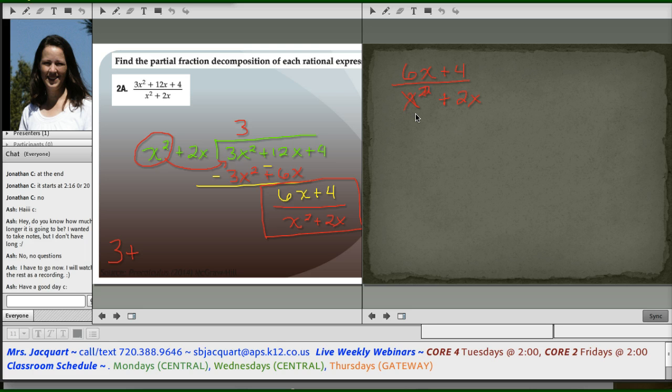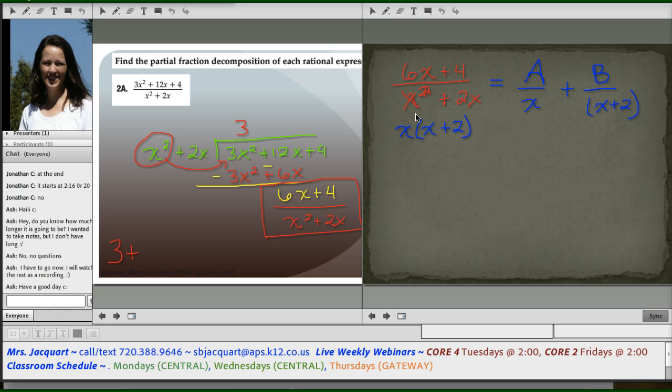And what I want you to realize, this is x times x plus 2. Got to pull in our factor skills. So this is going to equal a over one of those factor parts, plus b over the other one, x plus 2.